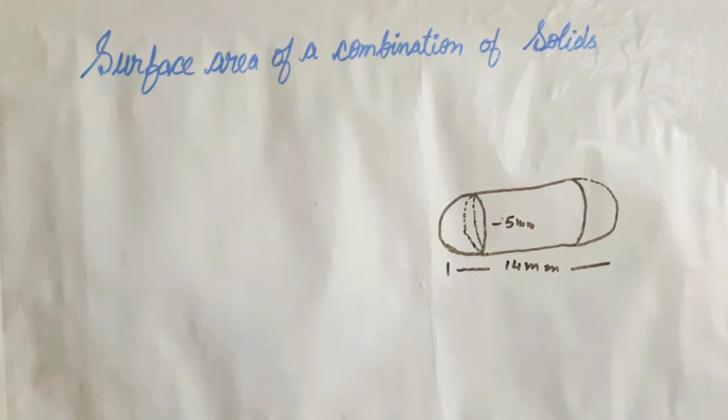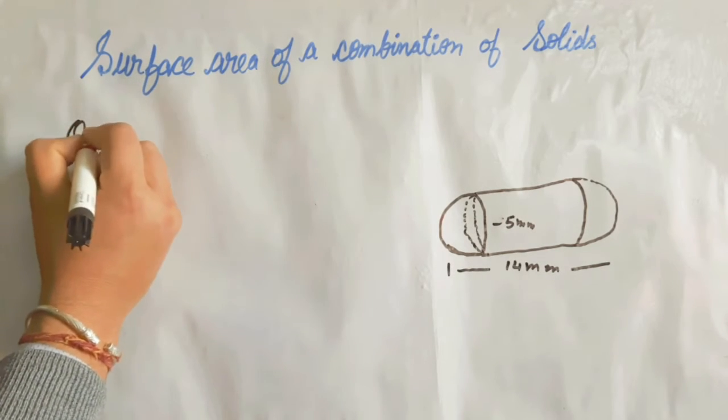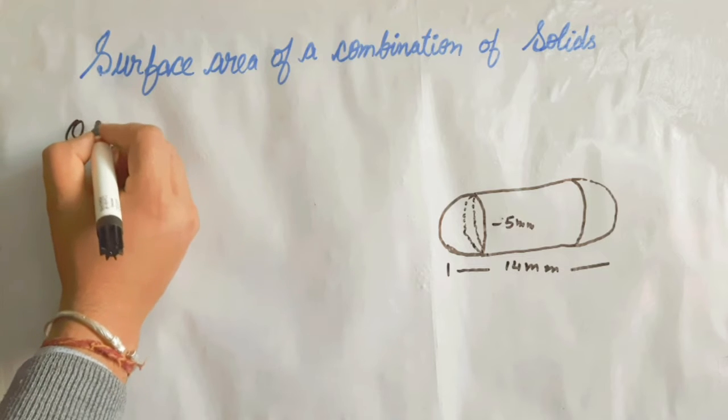Now we have to find out the surface area. So what will be the surface area of this solid? First of all, let us write down the dimensions.